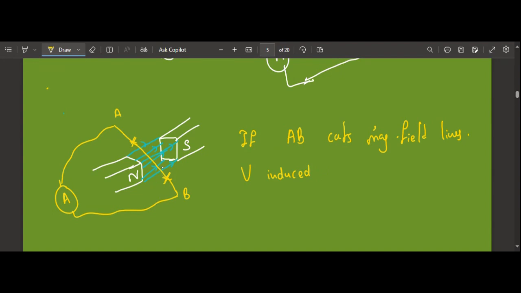Because of the voltage, what will happen? Voltage means a potential difference. So electrons start to flow across this wire. That means the voltage is causing a current. Induced means actually generated, so a current will be generated.